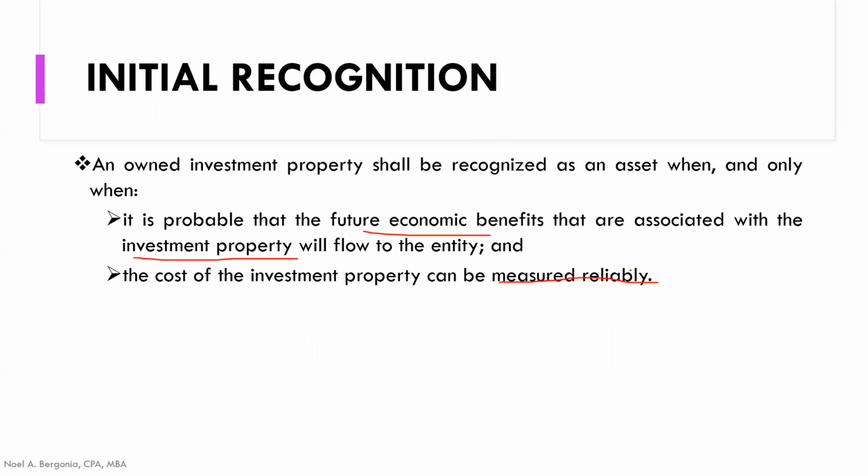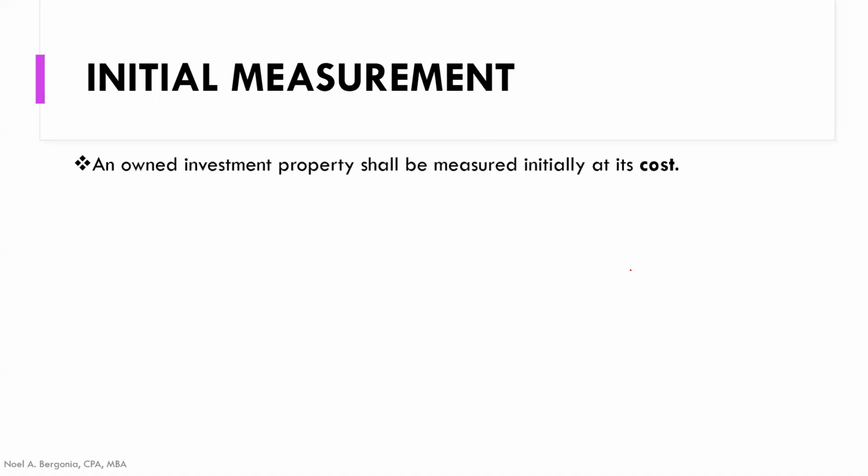Okay, so once it is already recognizable as investment property, the next question is how do we measure it initially? So in terms of initial recognition, IAS 40 states that our investment property will be recognized at cost. Uy, ilan na po yung cost natin? Inventories, property, plant, and equipment, intangible assets, and also the investment property. So initially, it will be at cost.